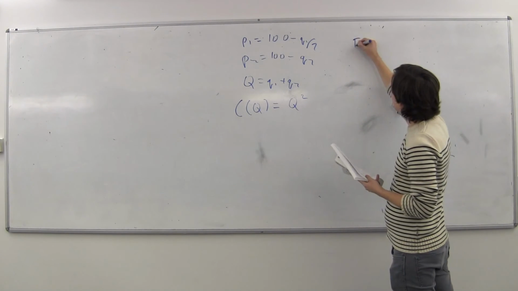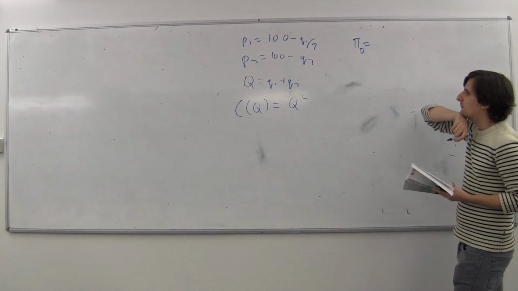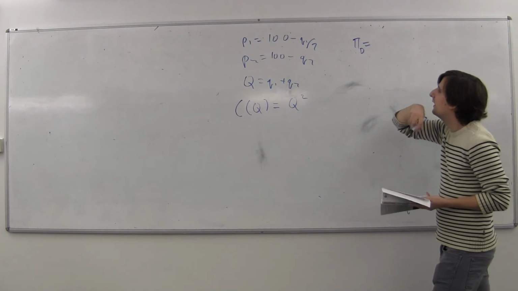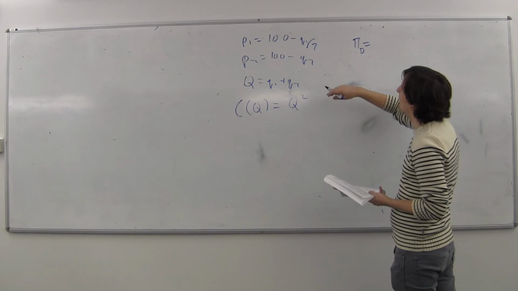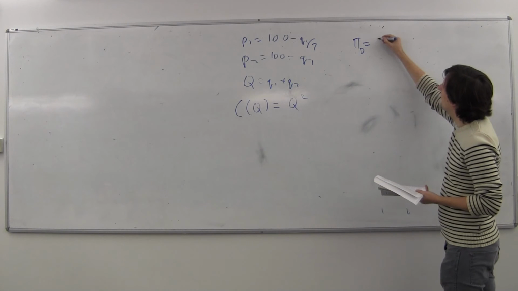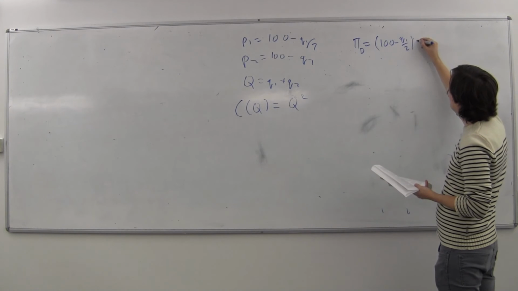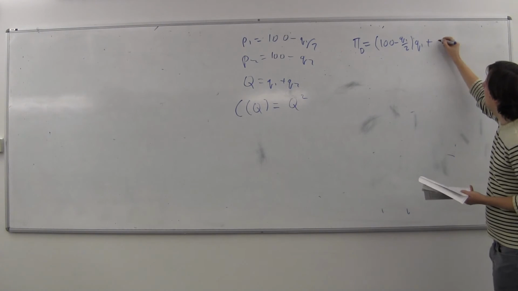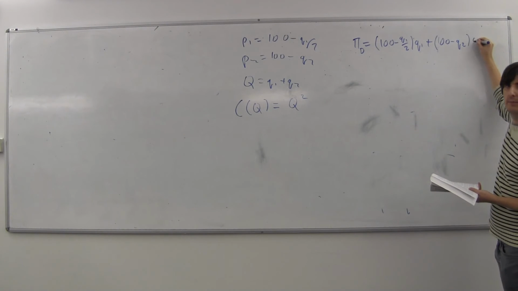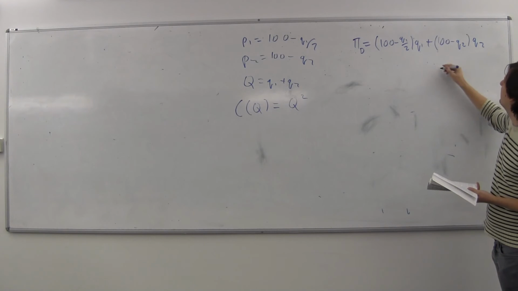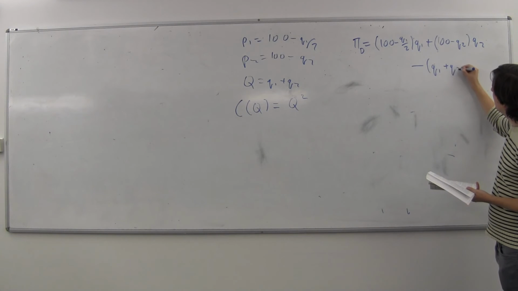It wants us to write down profits under discrimination. It's price times quantity minus total cost. So there are two terms: price in the first market, which is 100 minus Q1 over 2, times quantity in the first market, plus price in the second market times quantity in the second market, all minus total cost, which is Q1 plus Q2 all squared.